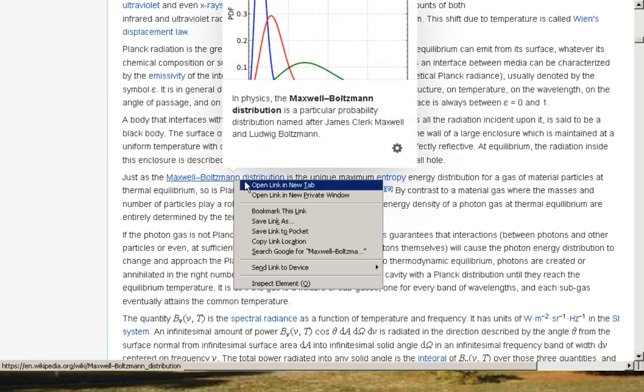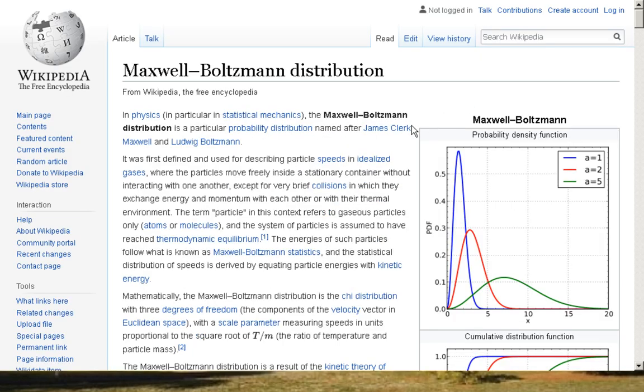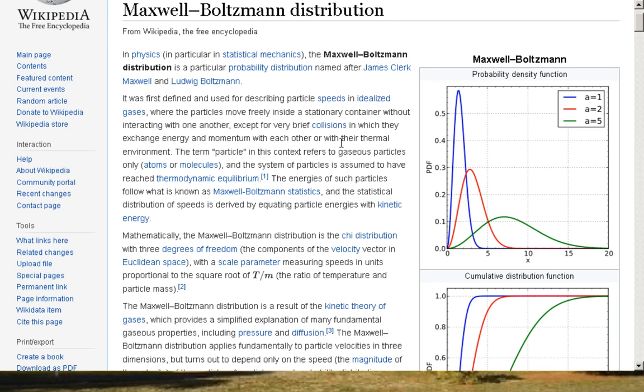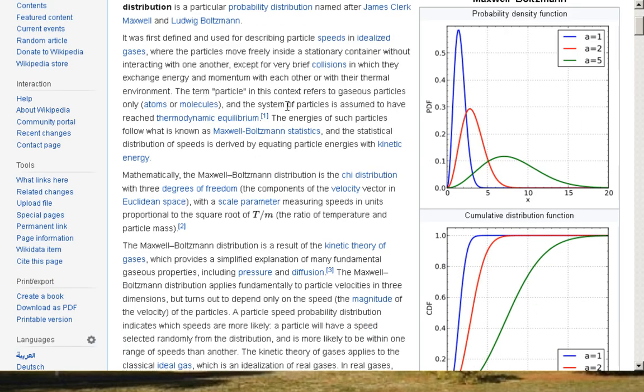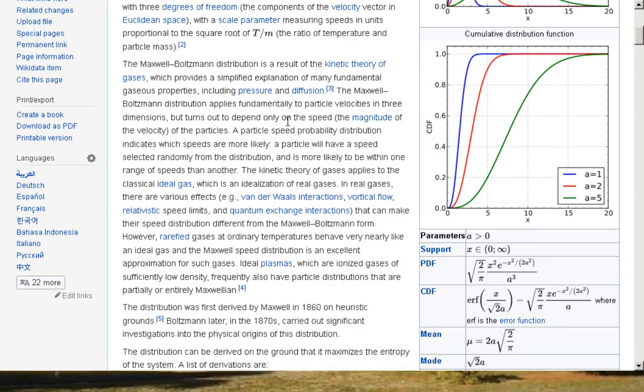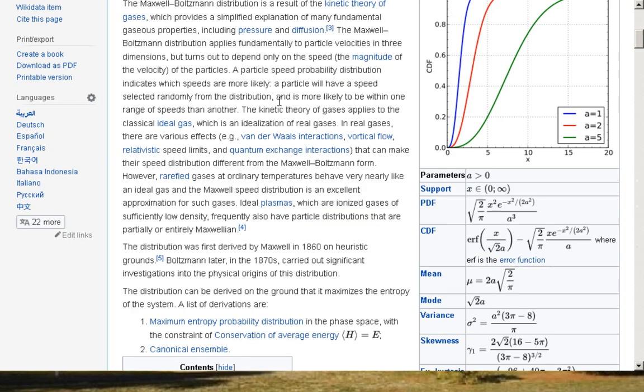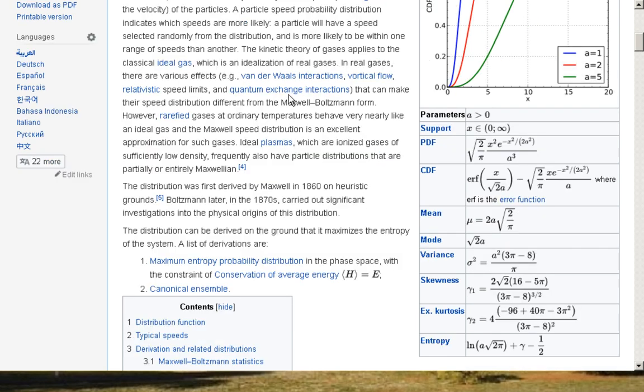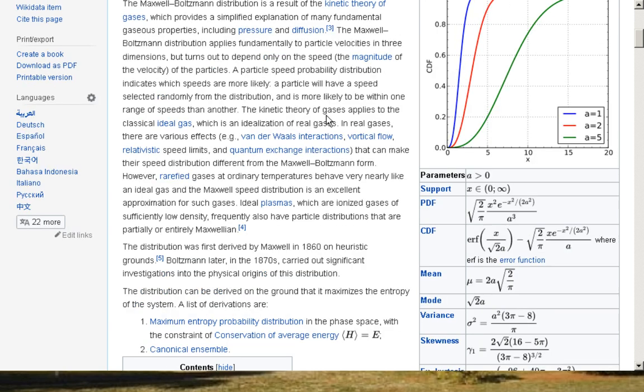See, here they're calling it the Maxwell-Boltzmann distribution. It is a particular probability distribution. Those are all your statistics formulas for CDF.